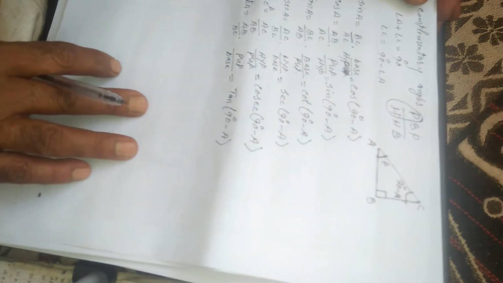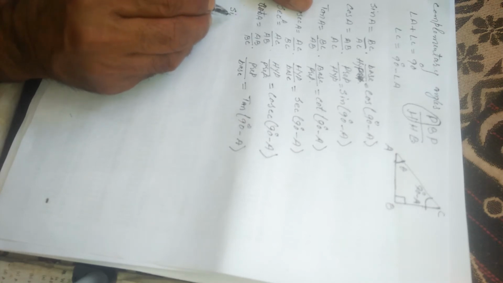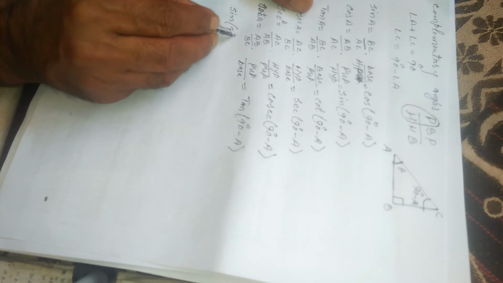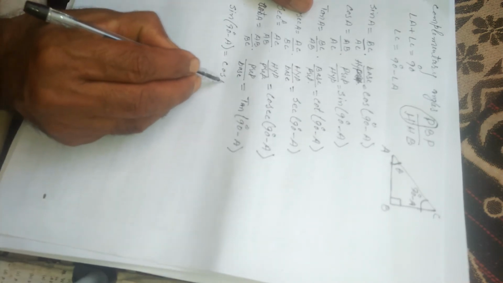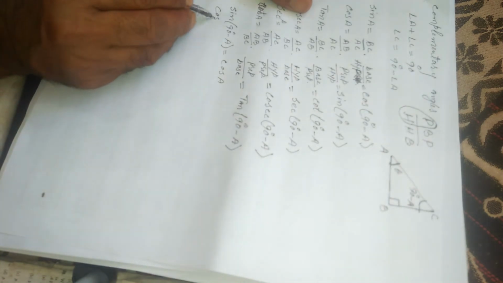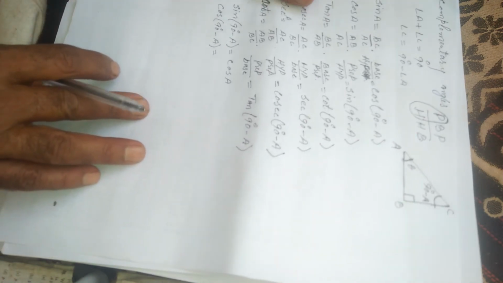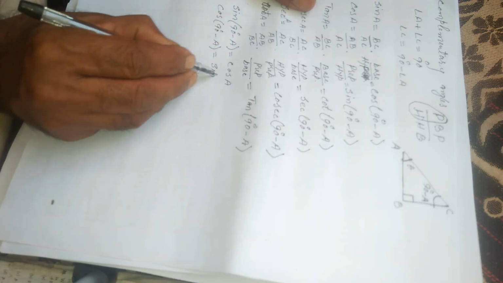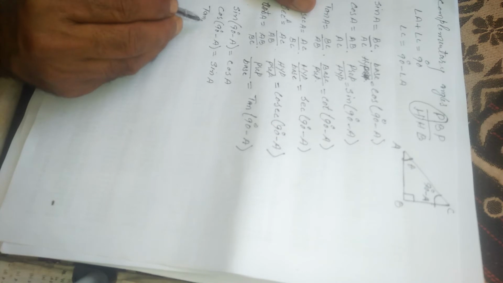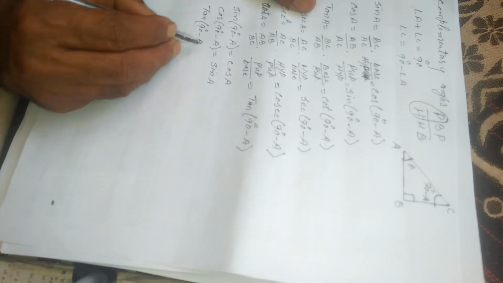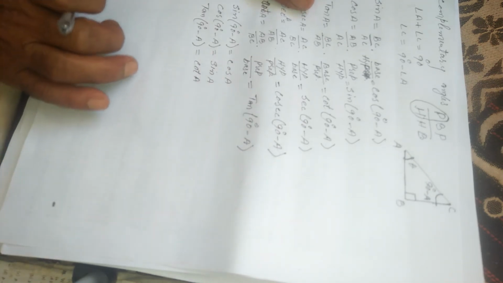So we can write here that sine of 90 degree minus angle A is equal to cos A, and cos of 90 degree minus angle A, or minus theta, equal to sine A. Tan 90 degree minus angle A is always equal to cot A, and so on.